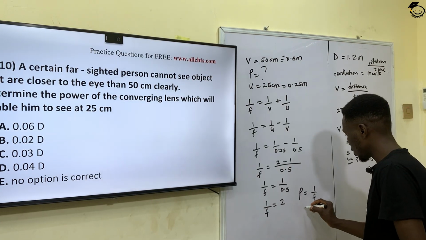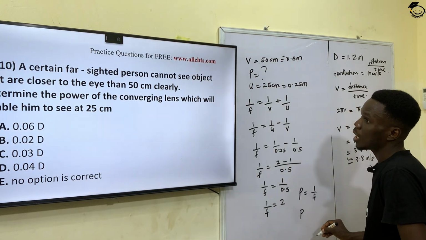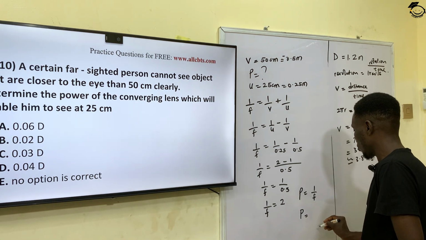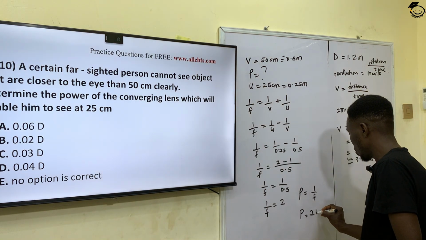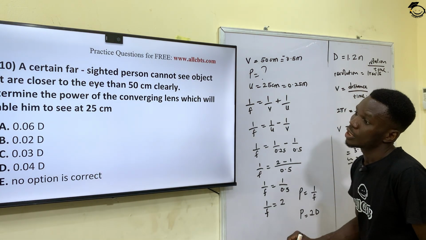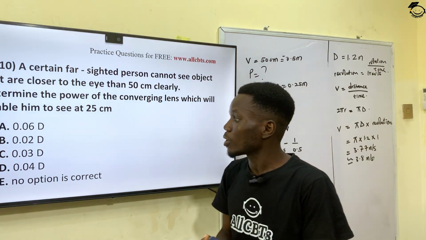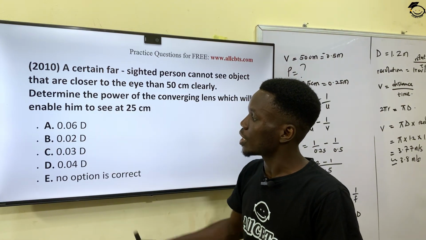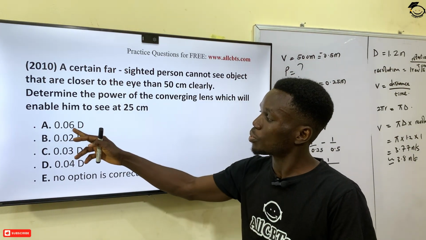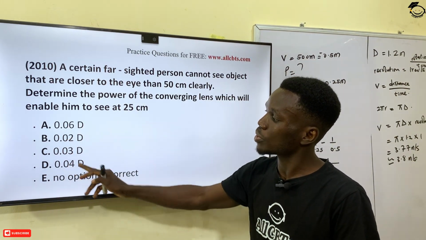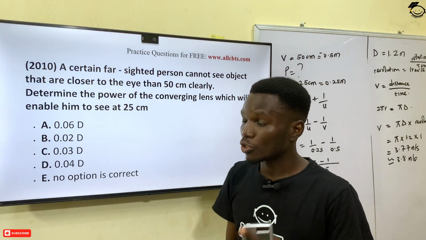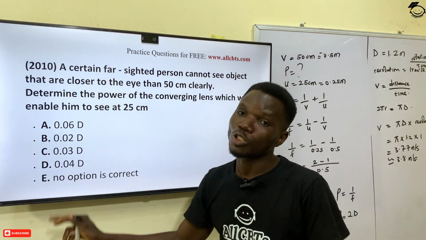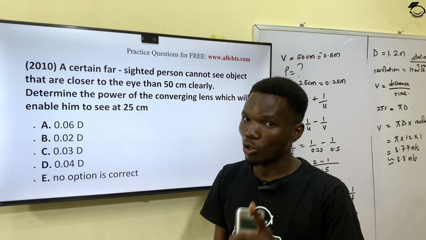So the power of this particular converging lens is equal to 2D, or 2 dioptre. So this particular question has no matching option in the answers here. Looking at our options, we have 0.06, 0.02, 0.03, 0.04. So the correct answer to this question is that no option is correct, which is option E.